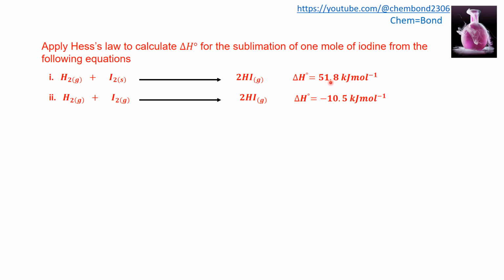The heat content is equal to 51.8 kilojoule per mole. Second reaction: hydrogen gas combines with iodine gas and produces 2 moles of hydrogen iodide gas, and the heat release will be minus 10.5 kilojoule per mole. So we will solve it.